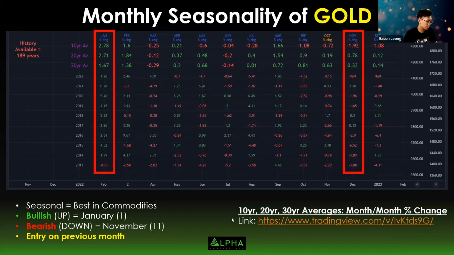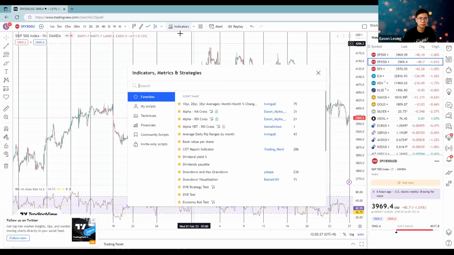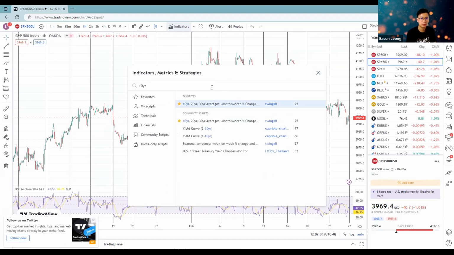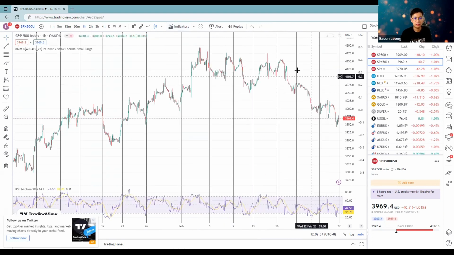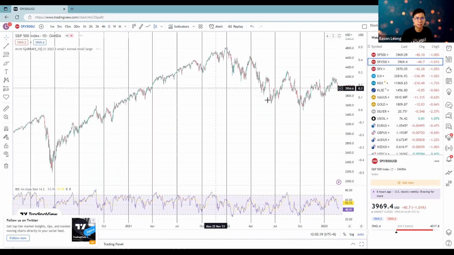So this indicator you guys can search in TradingView, which is this one: 10 years, 20 years, 30 years average. Okay, so I come to my TradingView, and inside my TradingView you just go to indicator to search it. 10 year, this one. Now, what is TradingView? TradingView is just a platform for you to view the analysis, to do the charting.